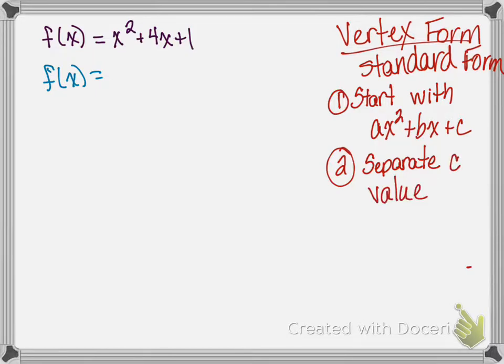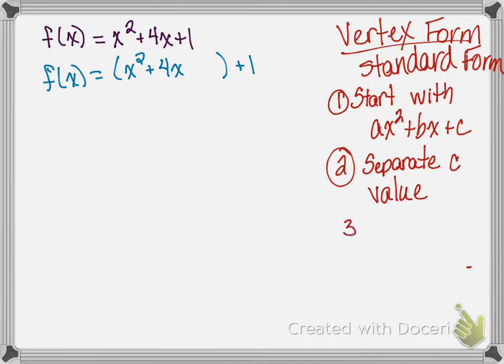I'm going to have x squared plus 4x, and then I'm going to have the plus 1 outside those parentheses. So I have separated the c value from the x squared plus 4x. Now on Tuesday, we're going to have problems where we have to do more stuff right here. But right now, we don't.